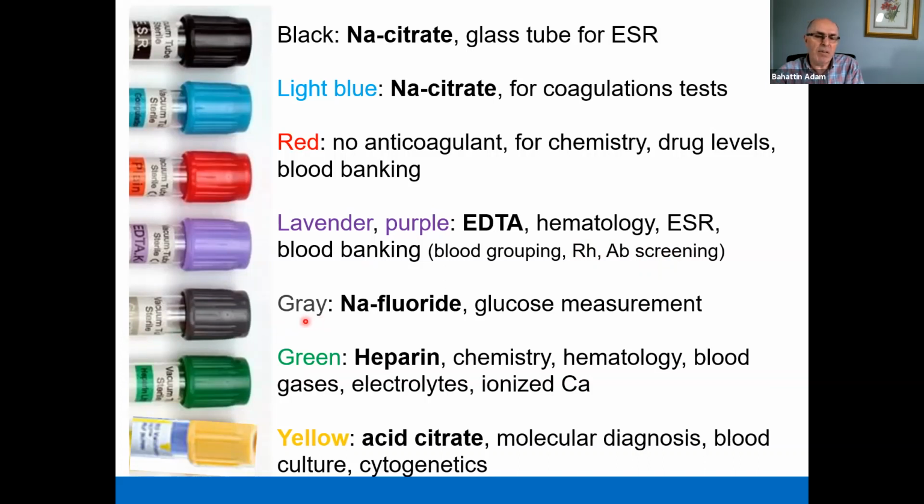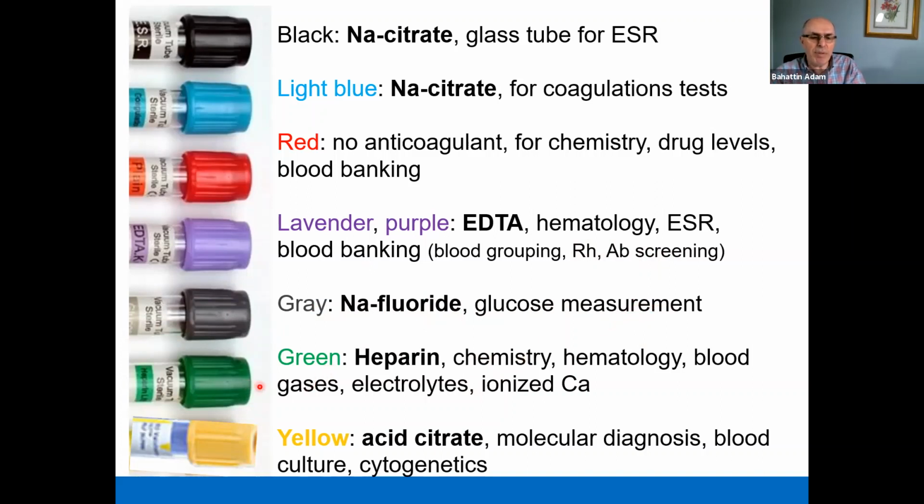The gray stopper includes sodium fluoride, used for glucose measurements, because sodium fluoride inhibits glycolysis and prevents the glucose from being consumed via the glycolysis metabolic pathway.